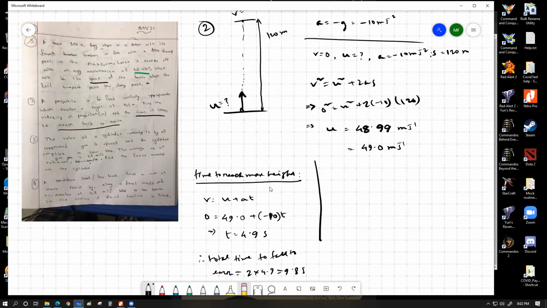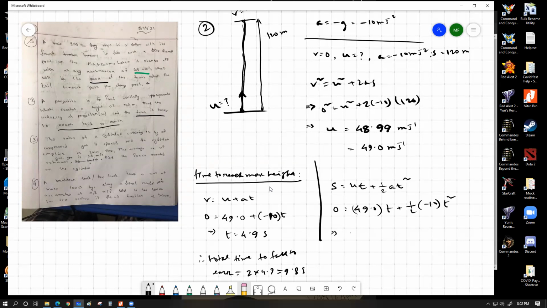Or you can go by the second order equation, which is s equals ut plus half at squared. So when the stone eventually comes all the way back down, its effective displacement would be 0. So you can place that 0 over here. 0 equals 49.0 into t plus half into minus 10 t square.